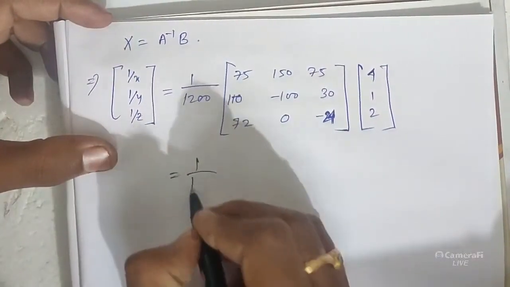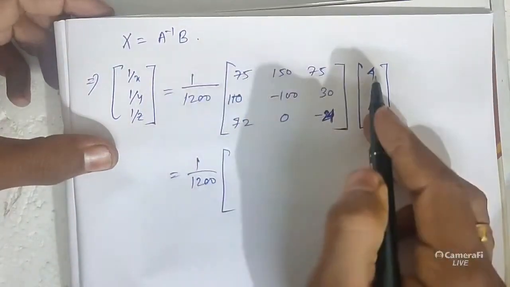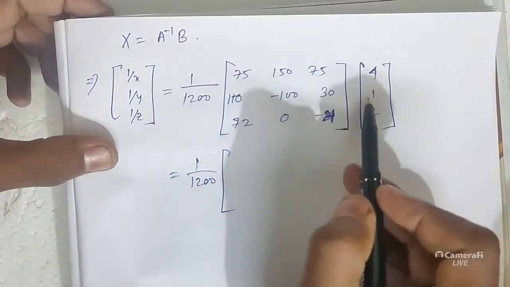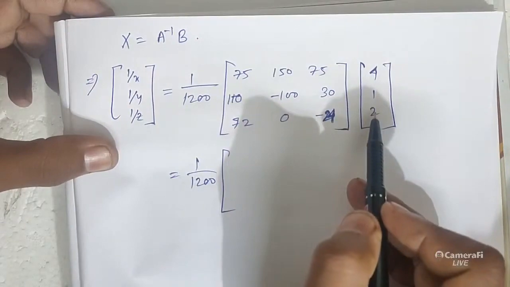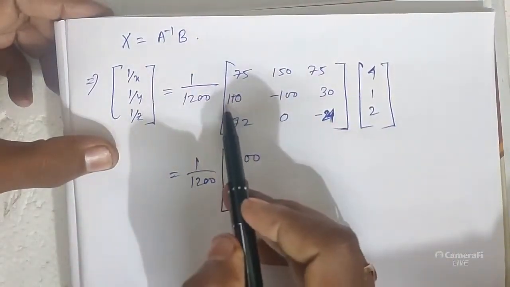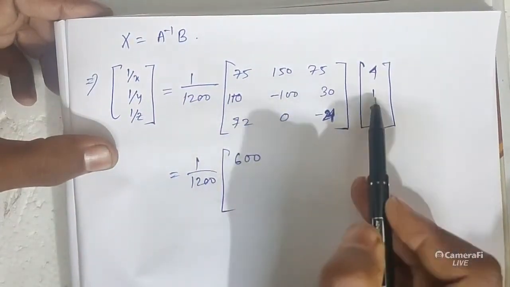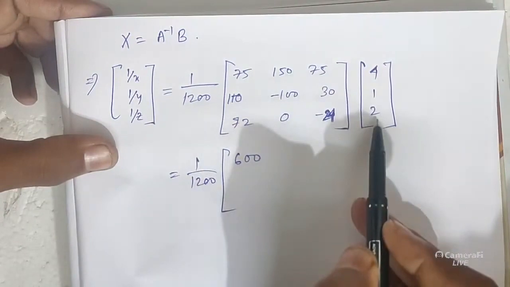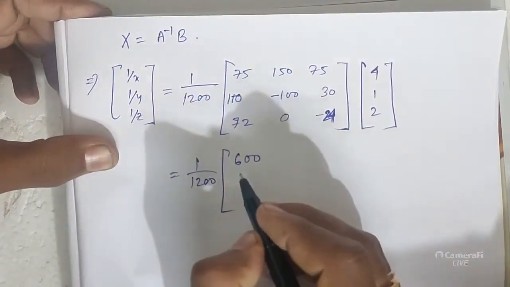Now we have to multiply. So that is 1 by 1200. 75 into 4, 300, 300 plus 150, 450, 450 plus 150, that is 600. Next 110 into 4, 440, 440 minus 100, 340, 340 plus 60, that is 400.